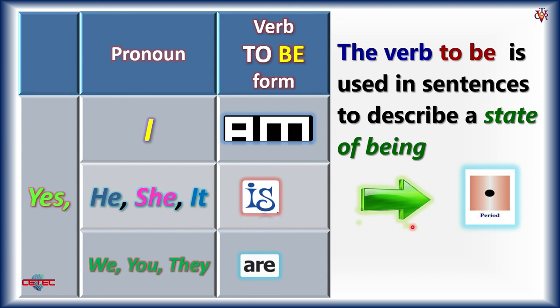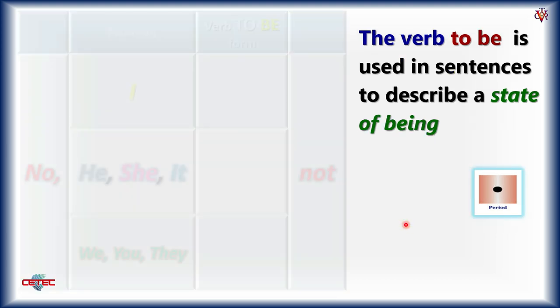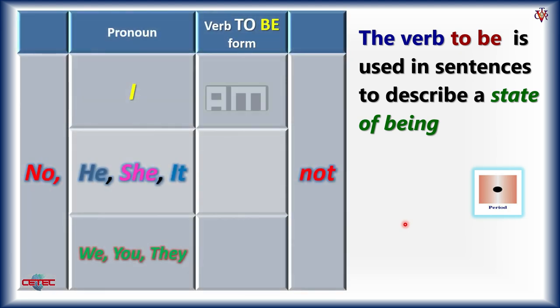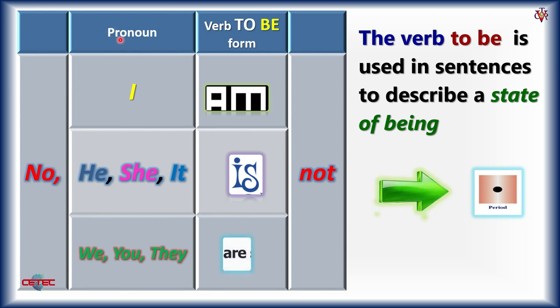Don't forget its structure. Now, in a negative, here we have to use no, comma, pronoun, verb to be, and then another negative word, not. Don't forget the period at the end of the sentence. No, I am not.